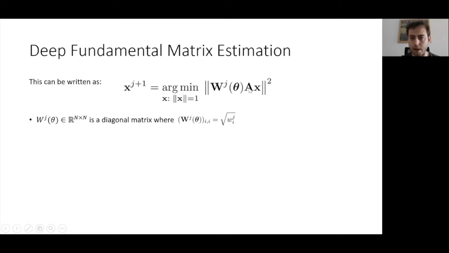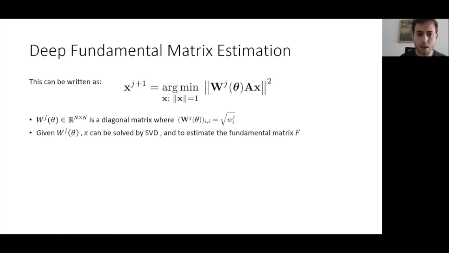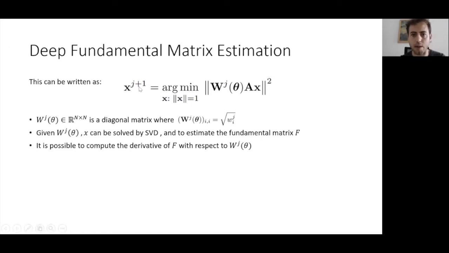If we know W and A, we can extract the fundamental matrix using homogeneous least squares, or here actually weighted homogeneous least squares, but it is solved in the same way. The important thing is that the result is differentiable with respect to the theta parameters. Okay, this is the strategy. Let's see how they do that. But that's a strategy to learn the weights, and keep in mind that the output is differentiable with respect to these weights.